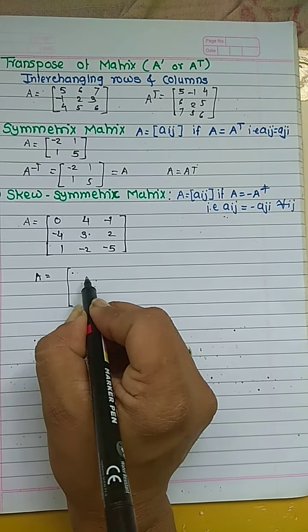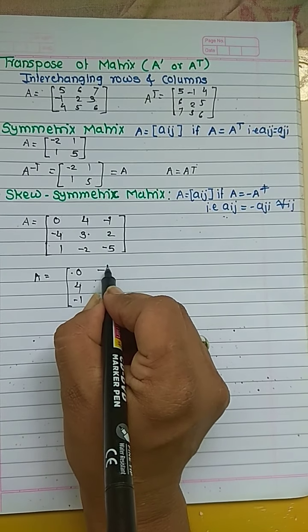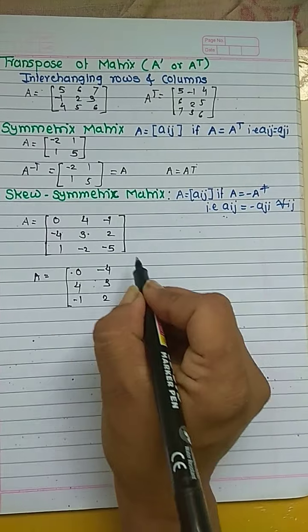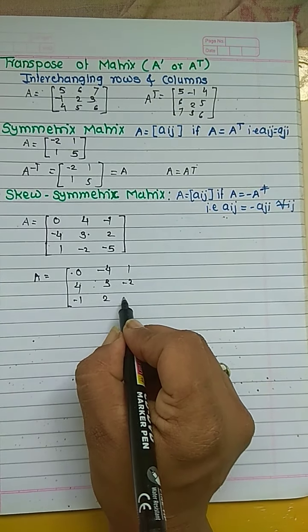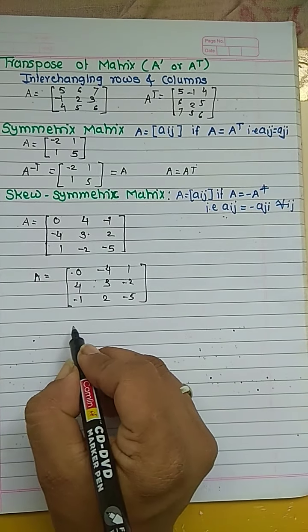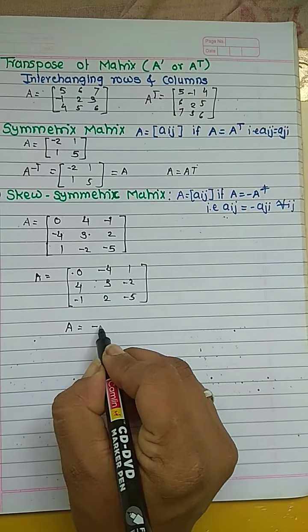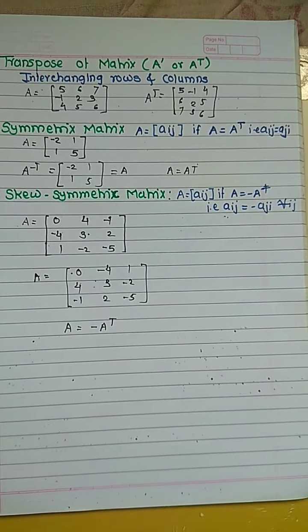First row elements written in the first column: 4, 0, minus 1. Second row elements written in the second column, and third row elements written in the third column: 1, minus 2, minus 5. We observe these elements, we get A equal to minus A transpose. Therefore, A is called the skew symmetric matrix.